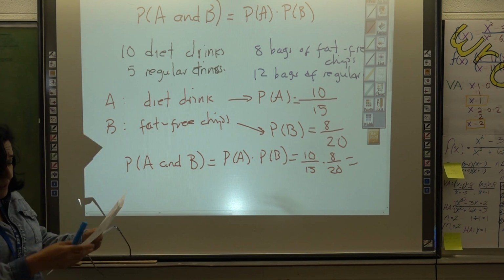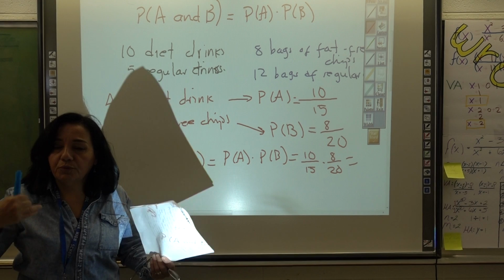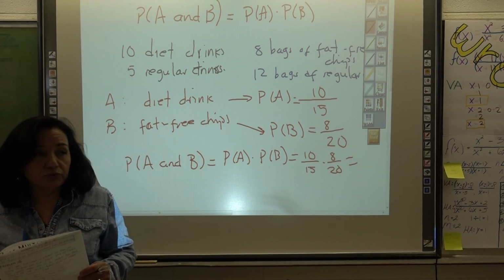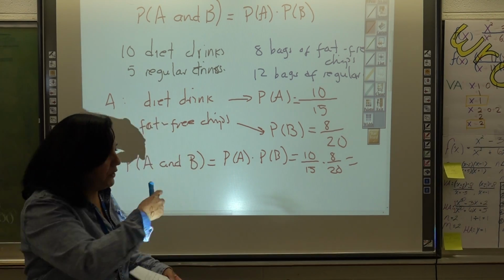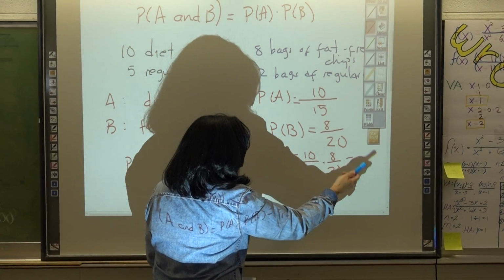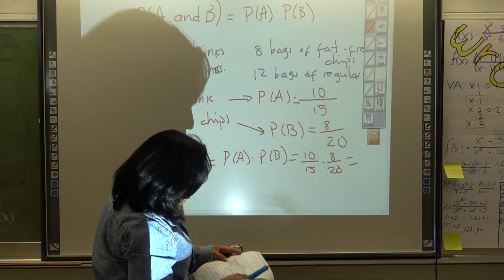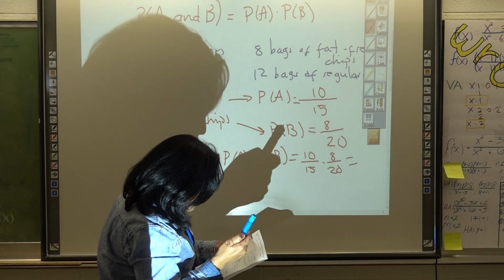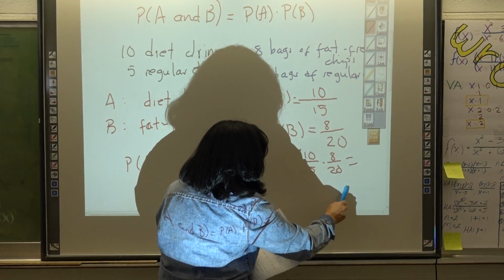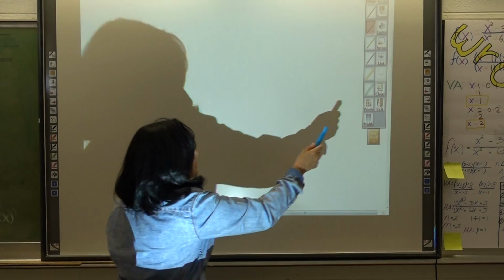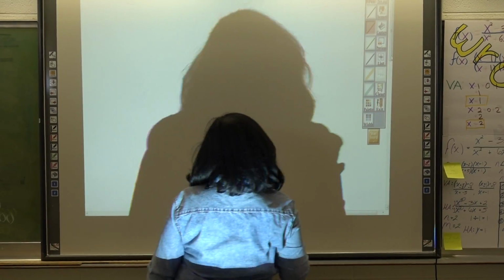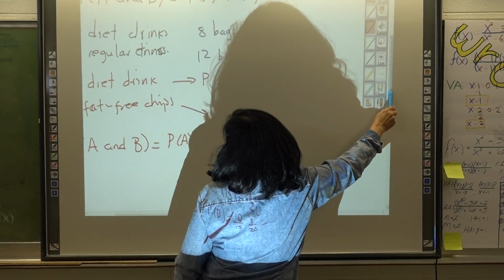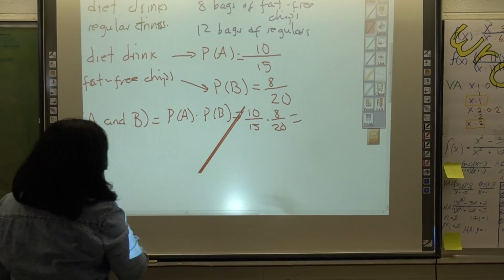The answer is, remember, it could be fraction, it could be decimal, it could be percent. You have to be ready for any of those. If it's a fraction, multiply straight, like that, then reduce the fraction. If it is decimal, you're going to just divide the numerator and the denominator, which is 0.267.